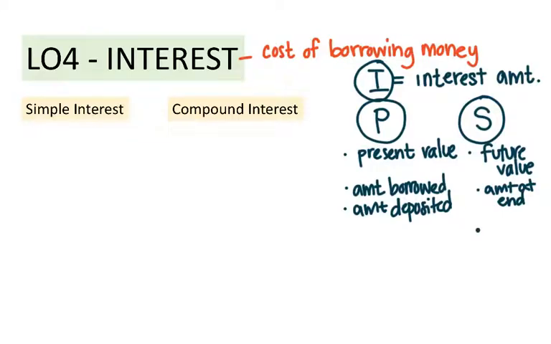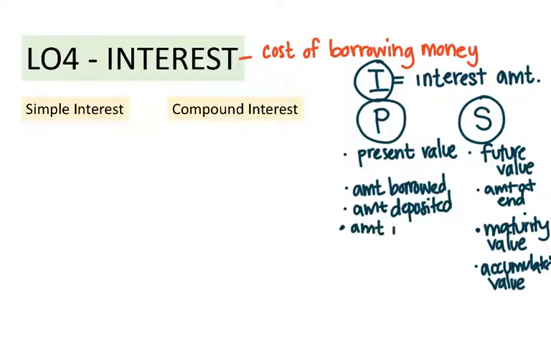A few other things we say for future value. They sometimes call it maturity value. They sometimes call it the accumulated value. These are all different vocab words which mean the same thing. What else? Sometimes for the starting amount, they might say amount invested. All of these mean the same thing.